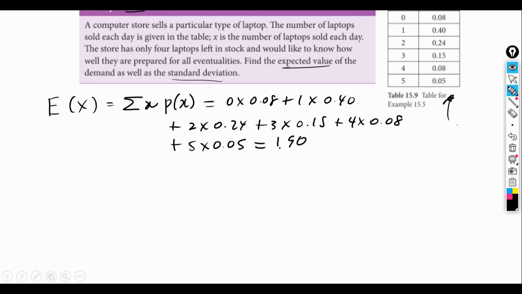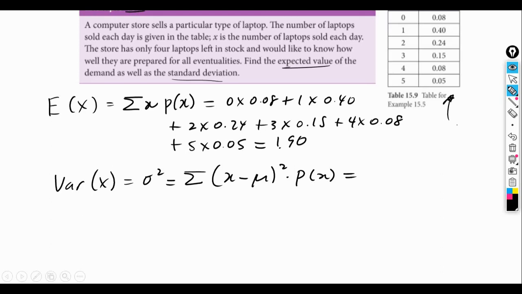Then for the standard deviation, we need the variance first, right? So the variance of the random distribution X is equal to, again, the sum of the deviations squared times the probability.